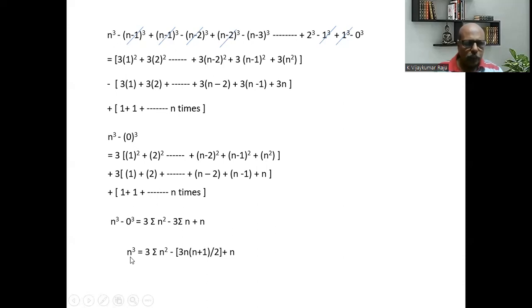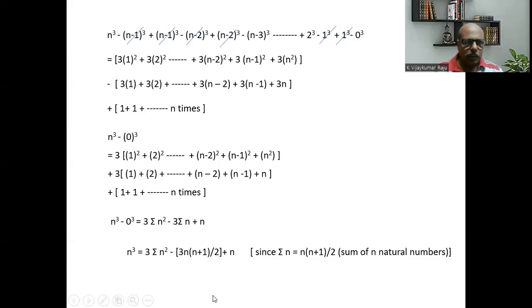So it is only n cube is equal to 3 into summation n square and sum of n natural numbers is n into n plus 1 divided by 2. So 3 into n plus 1 divided by 2 plus this n, because sum of n is equal to n into n plus 1 divided by 2. So that is the sum of n natural numbers.